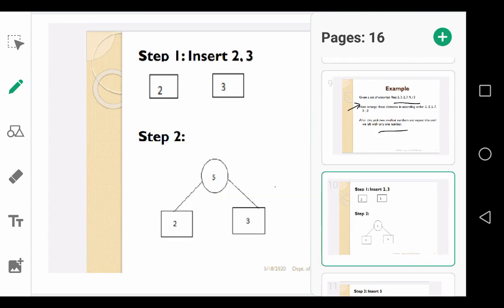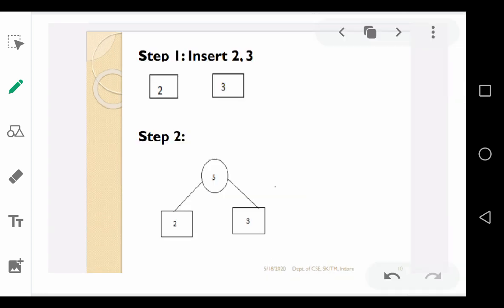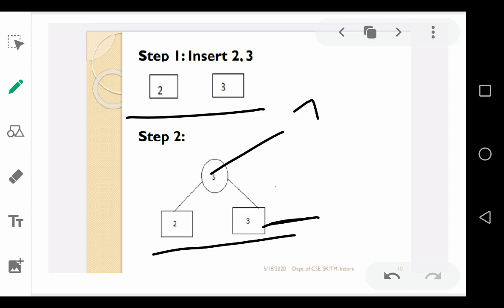So after arranging the unsorted list in ascending order, we select the two minimum elements from the list, which are 2 and 3. After inserting, these are the external nodes or leaf nodes, and this is an internal node.